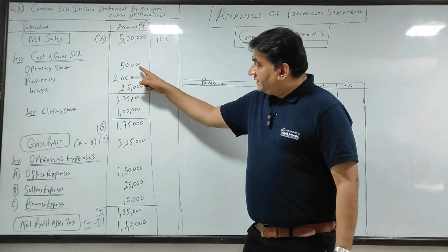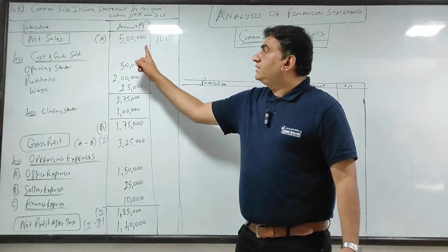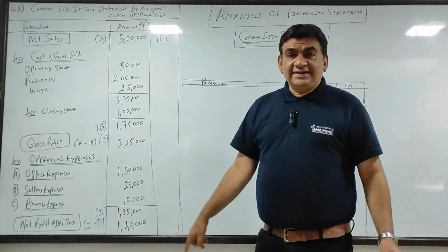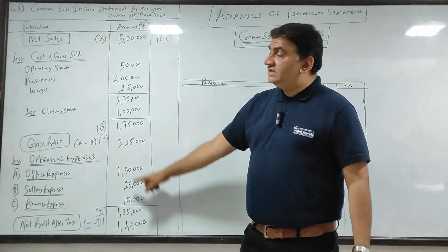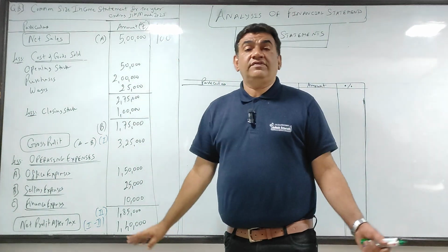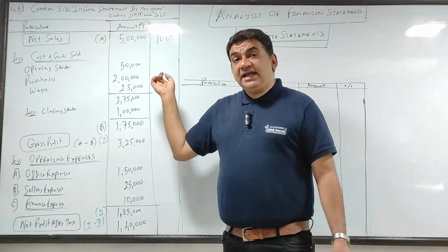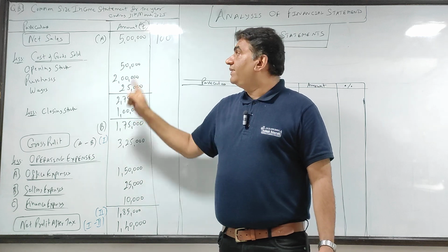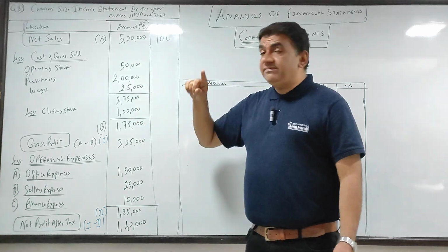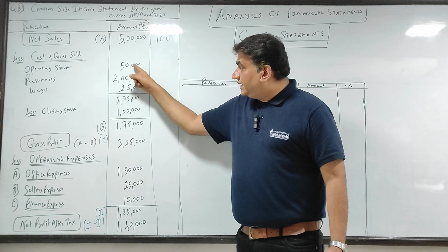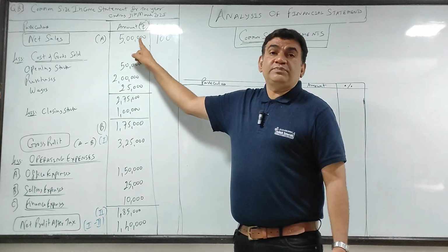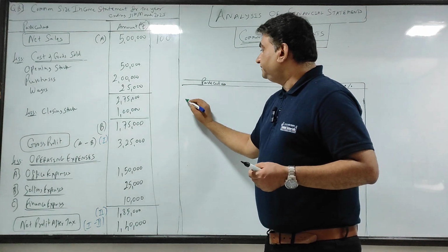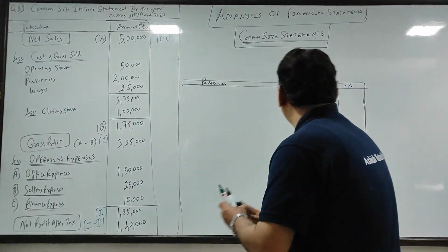You have to tell them each of these amounts is how much percentage of net sales. There, in the balance sheet, capital employed was the base; here in the income statement, net sales is the base. So same thing. Let's take one by one. I'll repeat again. Each and every amount is how much percentage of 5 lakhs, that is what you're supposed to do. Now see, first thing.